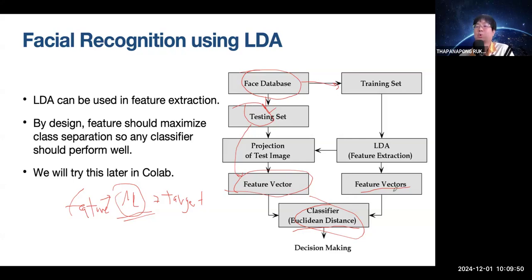If it's closer to whose face, then you can assign that face. So basically, it becomes like the nearest neighbor algorithm for classification. So there are many applications that LDA can fit within the realm of supervised learning.